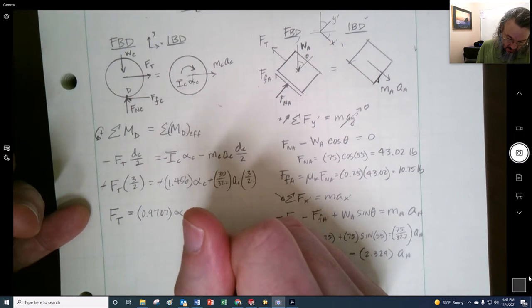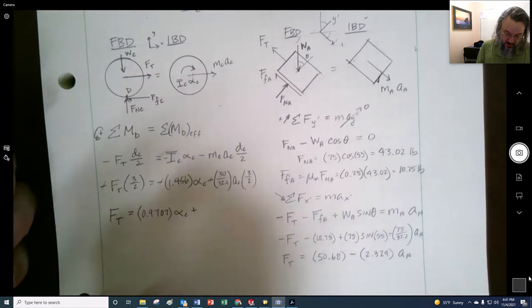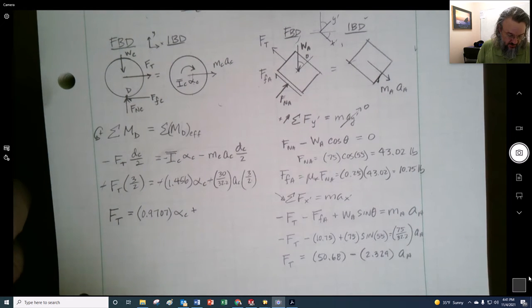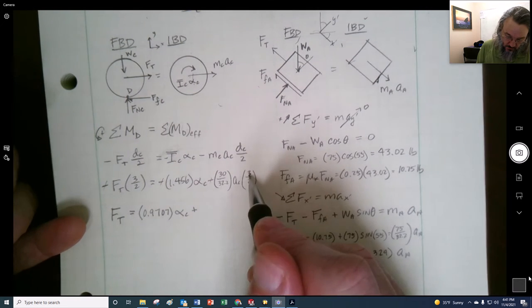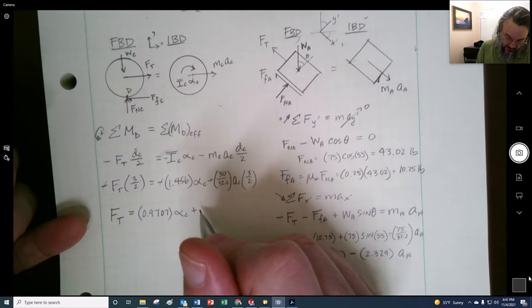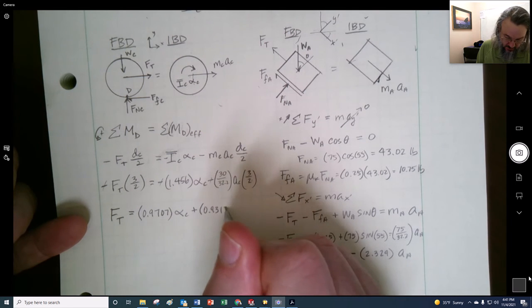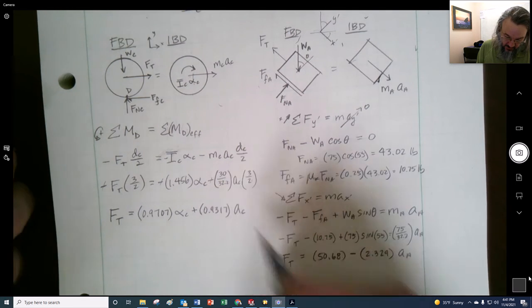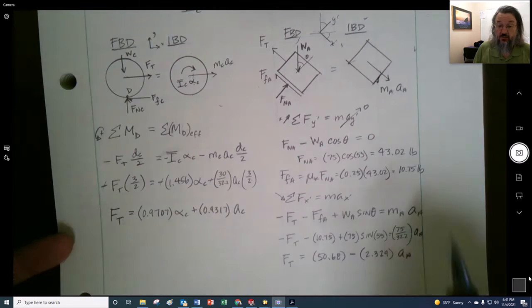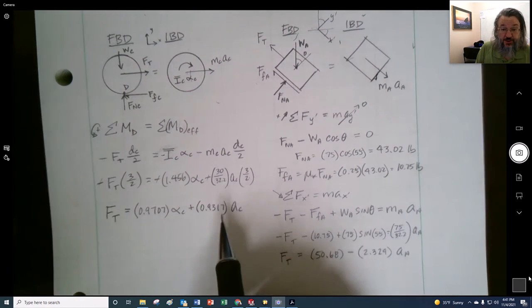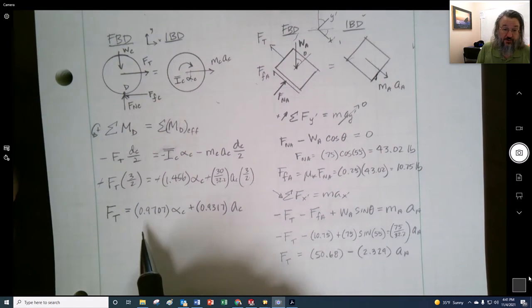And then that becomes plus just 30 divided by 32.2, because that's going to cancel out that. So 0.9317 acceleration of c.